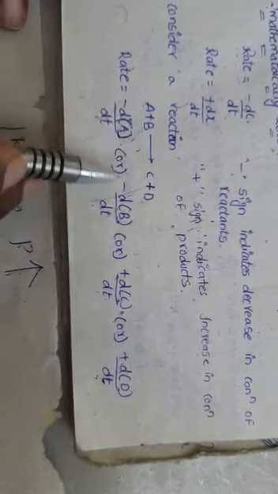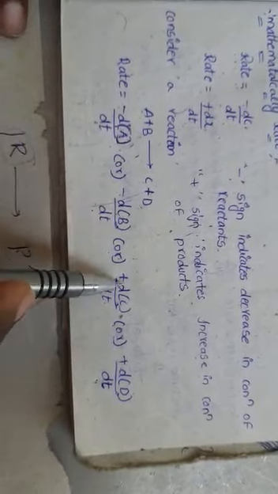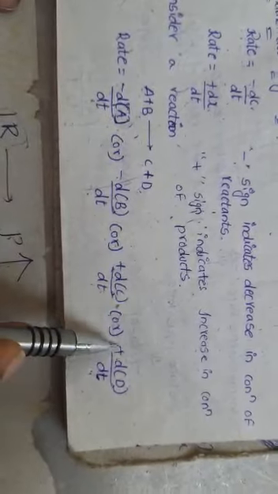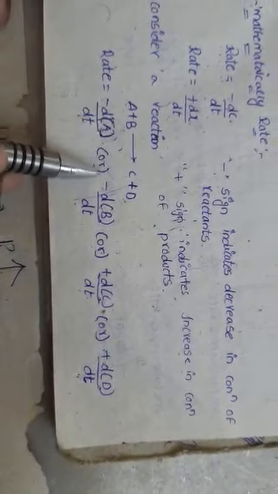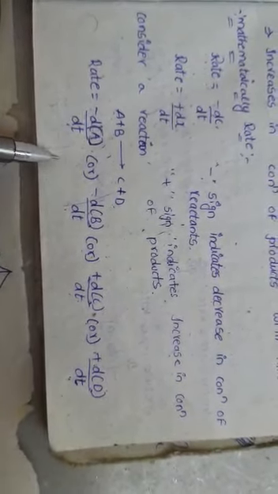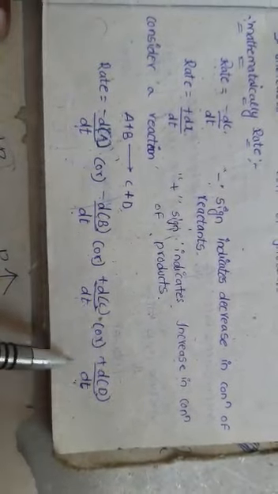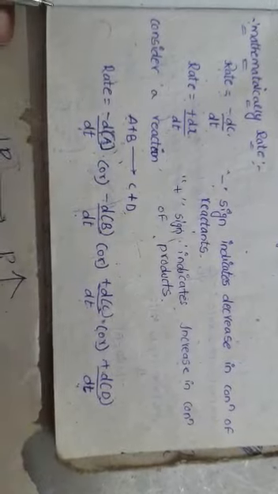So for the reactants minus sign, for the products plus sign. Product concentration increases, so plus; reactant concentration decreases, so minus. This is the mathematical rate for the given reaction.